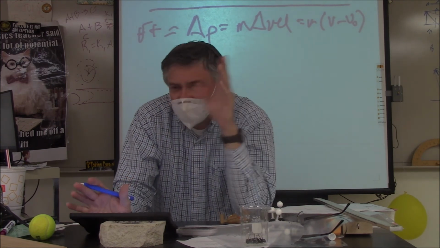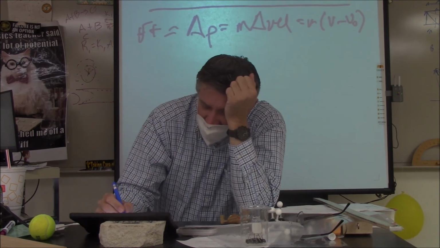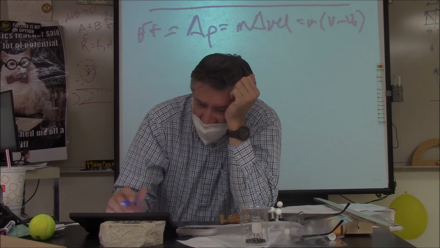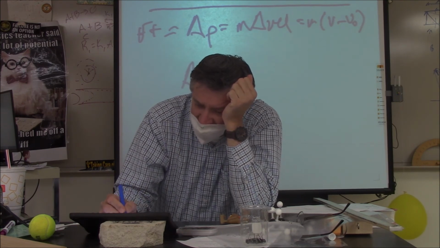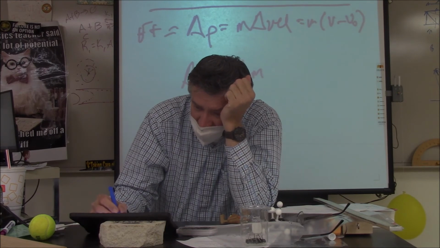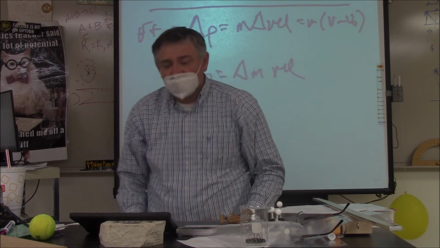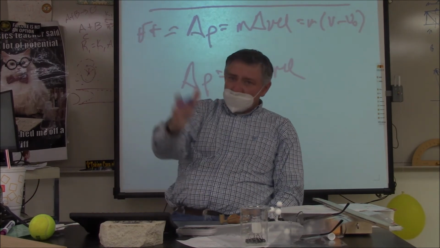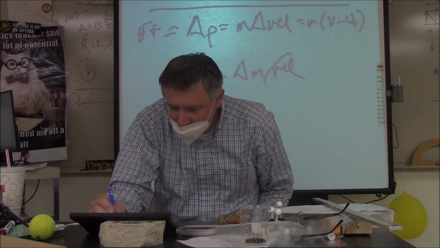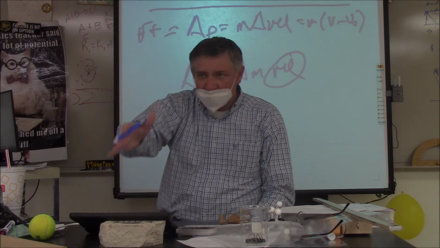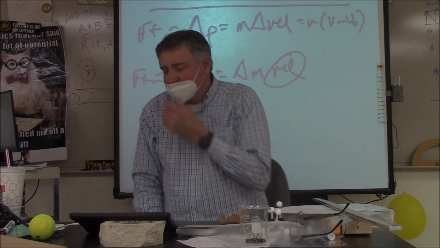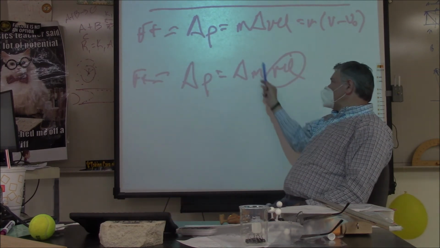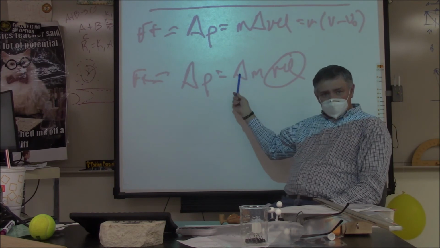So here's the deal with rockets. How rockets work is that all we're going to do is change the location of the delta. Rockets work by changing mass, and this is the velocity of the escaping gas, and it still equals force times time. The only thing we did is change the location of the delta.